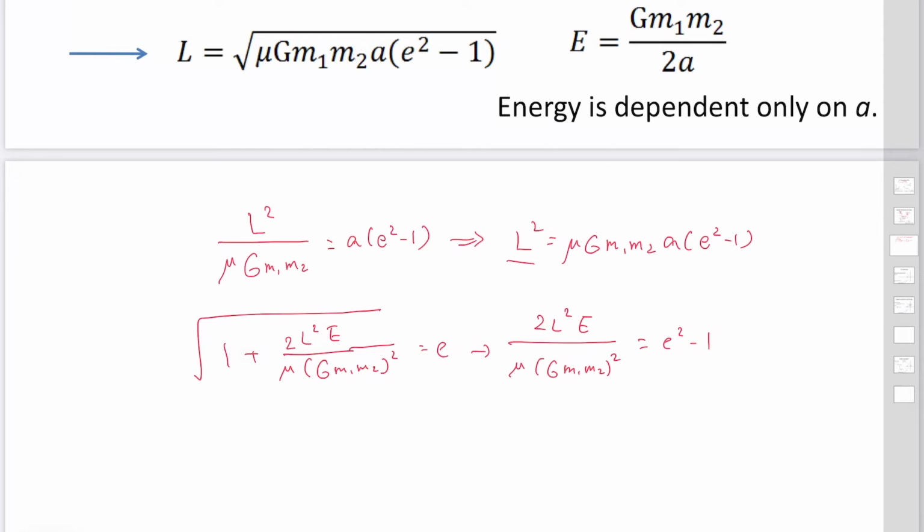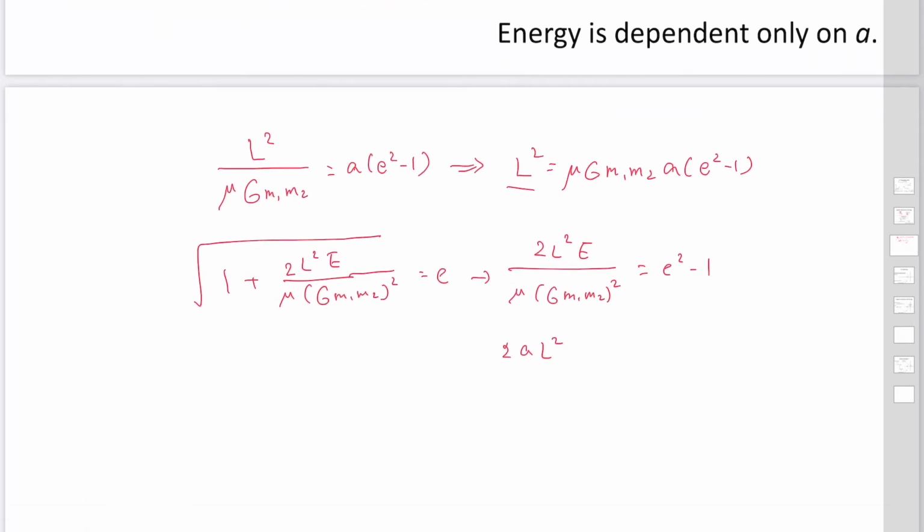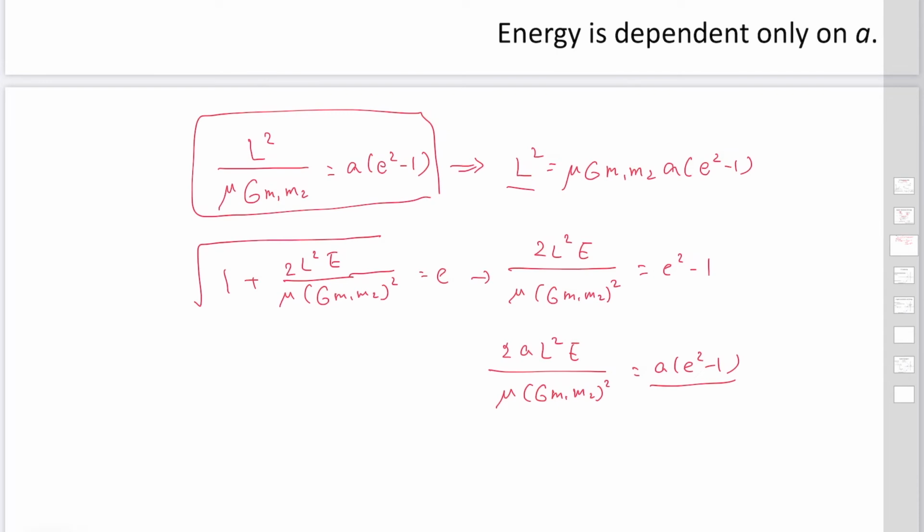So if you multiply the a on both sides, 2L squared E over mu G m sub 1 m sub 2 squared equals a times e squared minus 1. So this is exactly equal to this equation. So you can substitute.